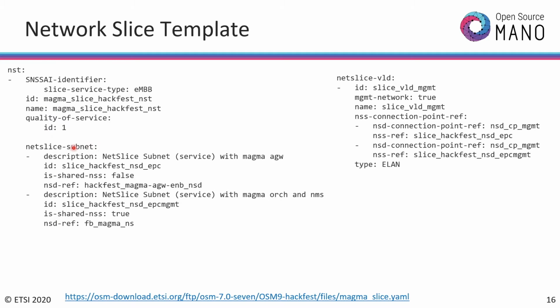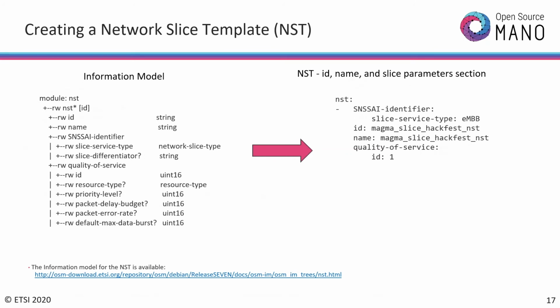The other is the netslice network, where you specify the network services, whether they are shared or not shared, and the netslice VLD, which are the switches or cables to do the network service composition. This comes from an information model that is available to review and check all the options that are enabled in OSM.